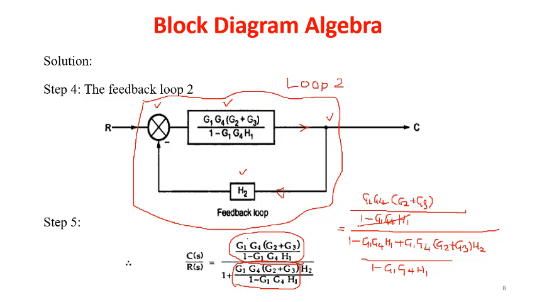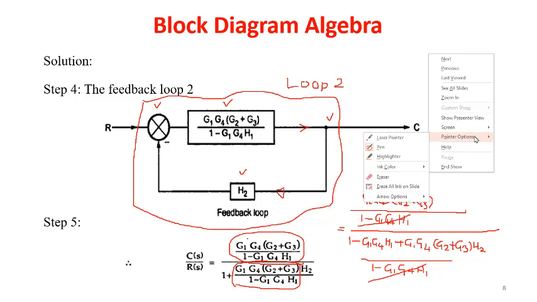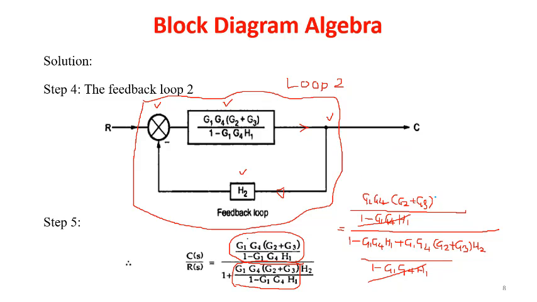Then the denominator of this term and the denominator of this term are going to get cancelled. What remains is the numerator term here, G1 G4 bracket G2 plus G3, whole divided by the denominator 1 minus G1 G4 H1 plus G1 G4 bracket G2 plus G3 into H2. So this is our output.